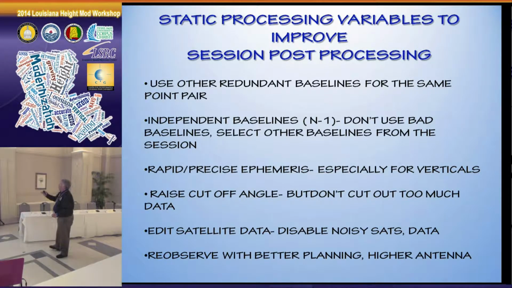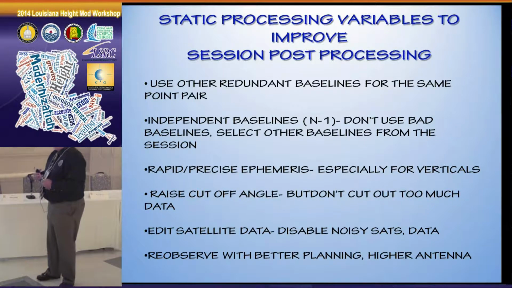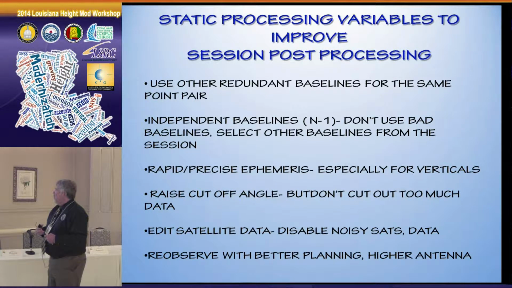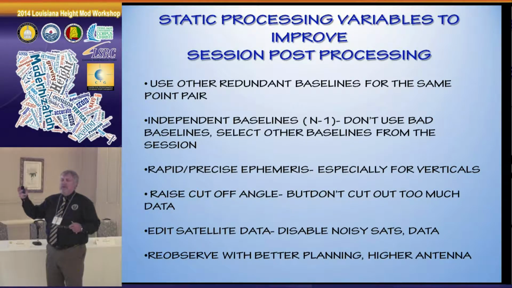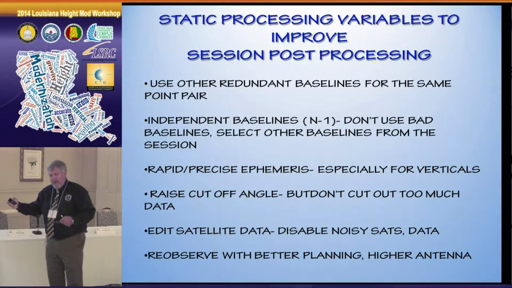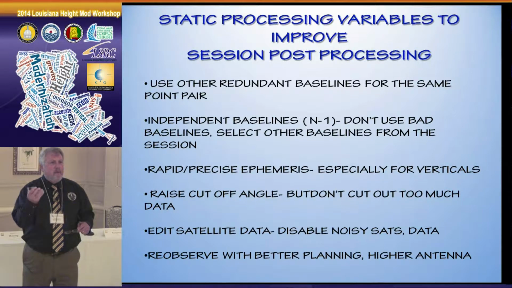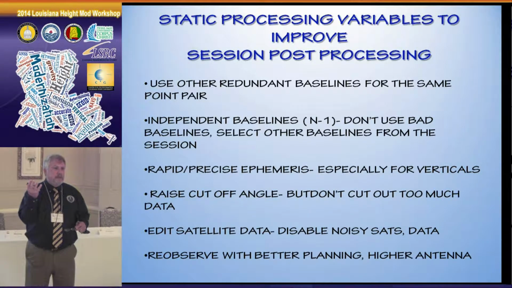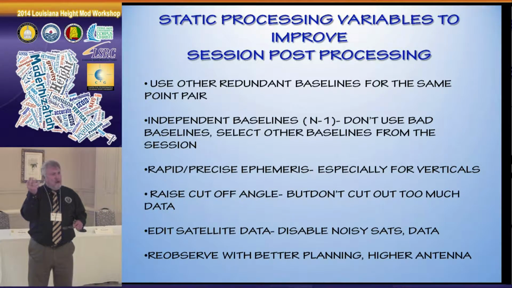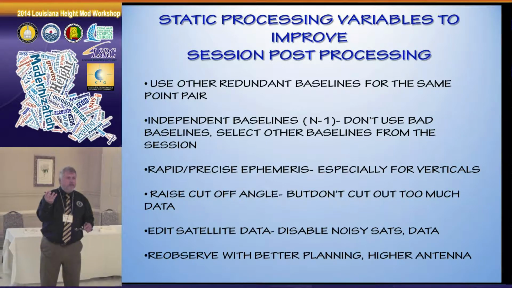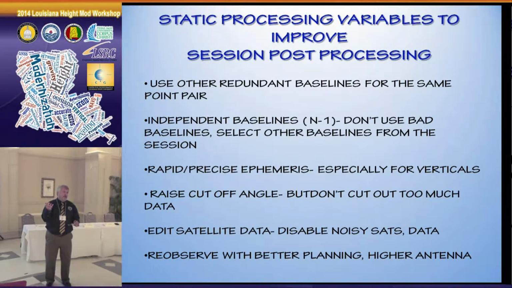You can use other redundant baselines. We talked about that. What I meant by other redundant baselines is some sessions you're going to have 3 or 4 baselines for the same 2 points. And you're going to look at all 4 of them, and you might see that 3 of them agree and 1 doesn't. You're not going to use the one that doesn't agree.